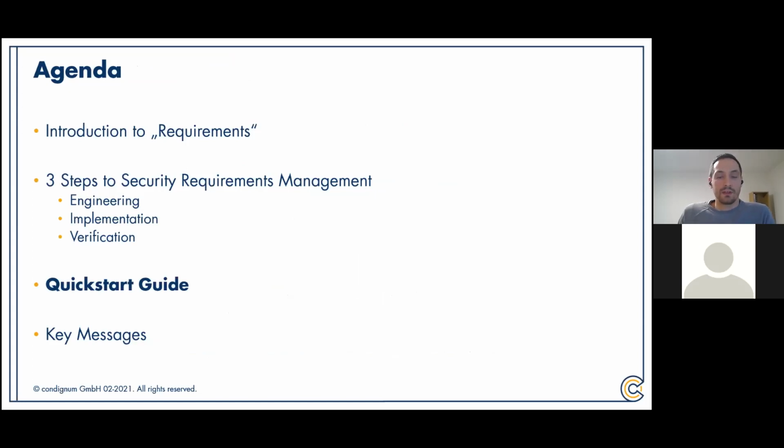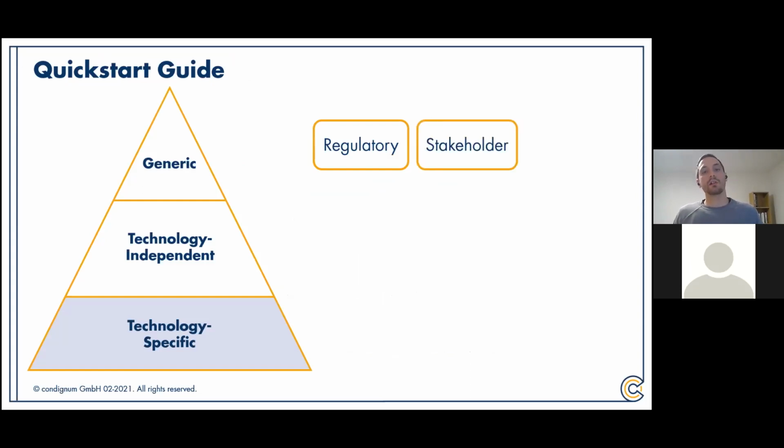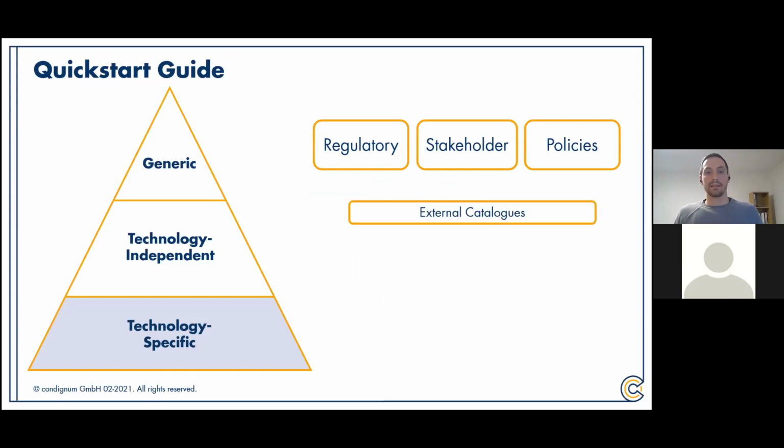So now I come to the little quick start guide. If you do not deal with any security requirements in your company yet, then I would recommend you to start by collecting all this generic stuff, which is already right there somewhere, like the regulations that apply to you and the things that your stakeholders want from you, and also the internal policies which are around in your company somewhere. And then research some external catalogs.